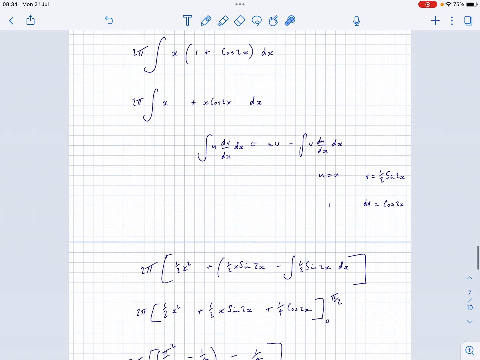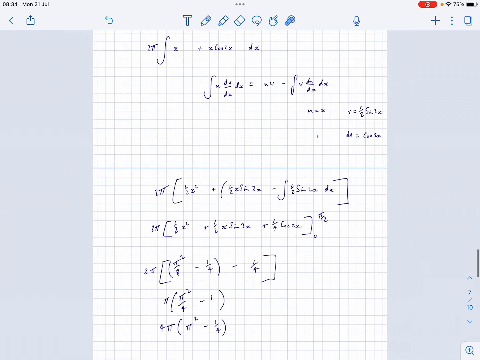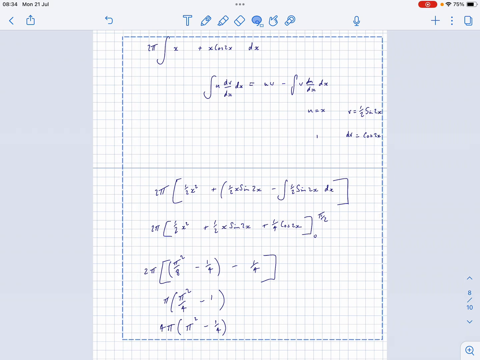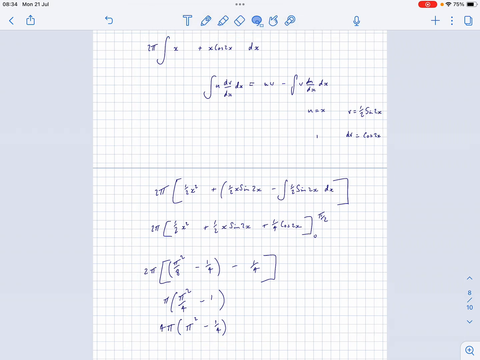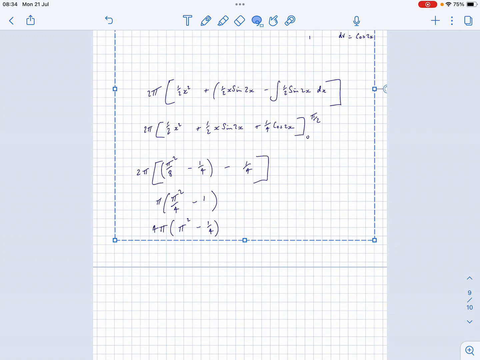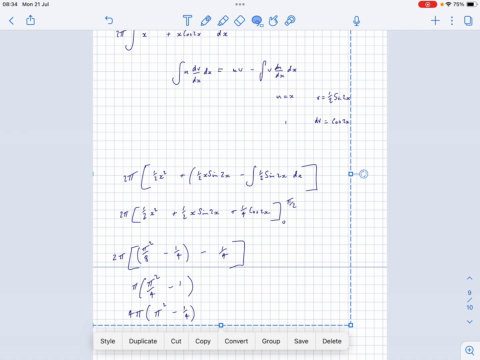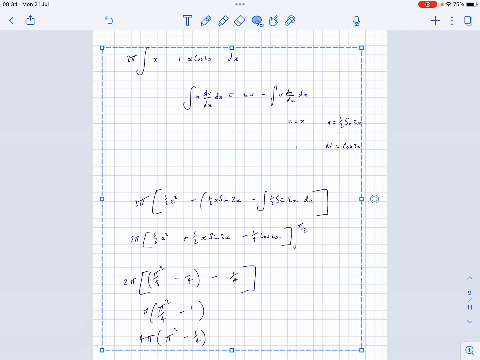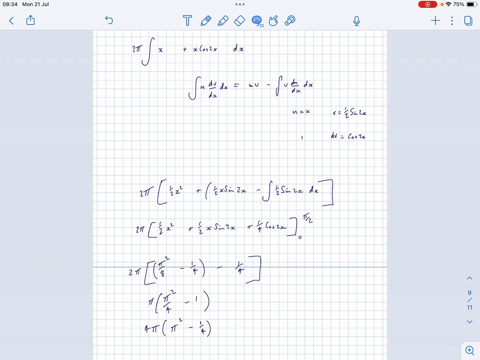I have already done that working, so if I just grab this with my Apple Pencil, because it's being really annoying, and put it underneath. There we go. You can see that in this bit here, if I get my laser pointer, I've chosen the x to be u, and that's useful because when I differentiate it to get my du, it disappears. I just get a constant.